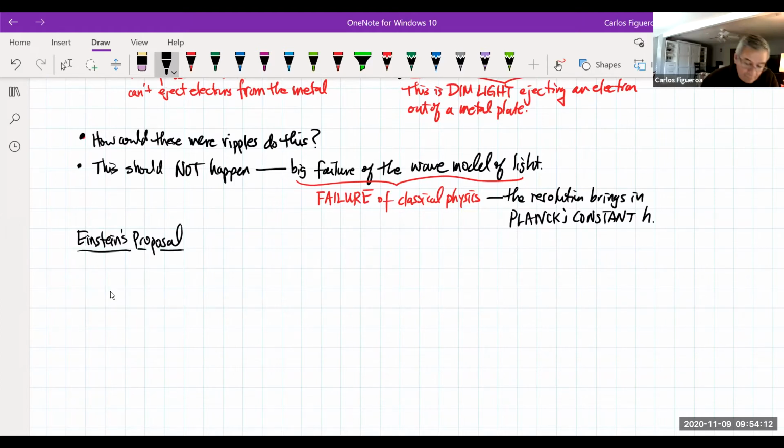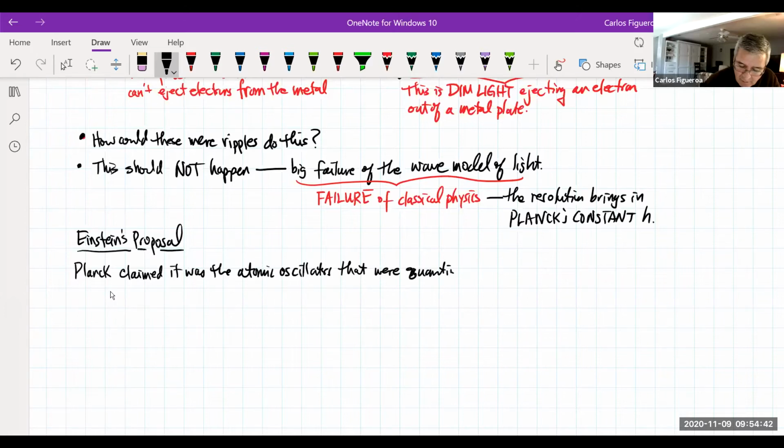So what do we know? This is what we know. We know that Planck claimed it was the atomic oscillators that were quantized. It was the atomic oscillators that had quantized energies.